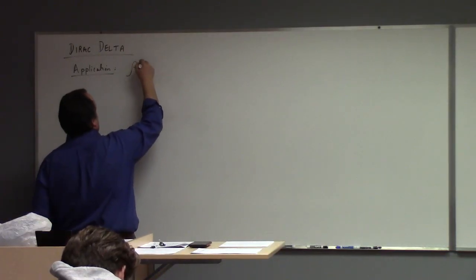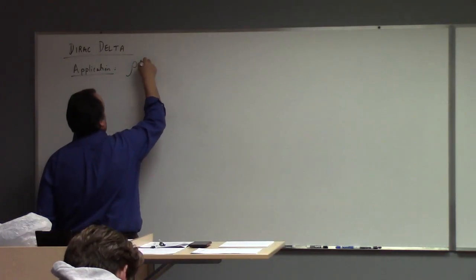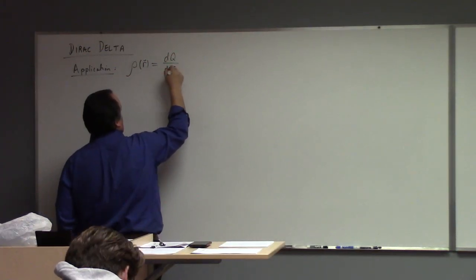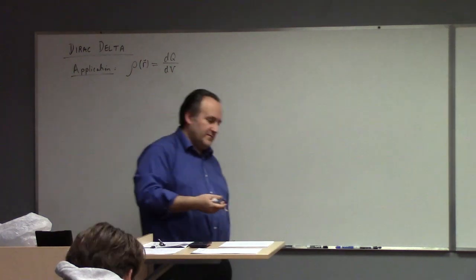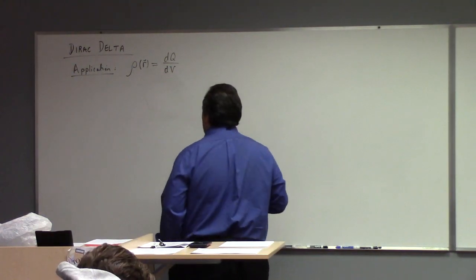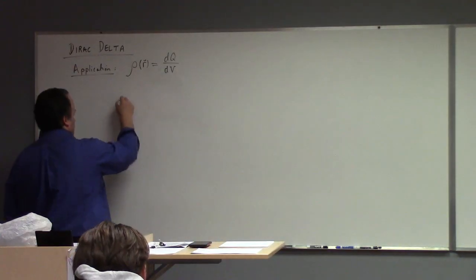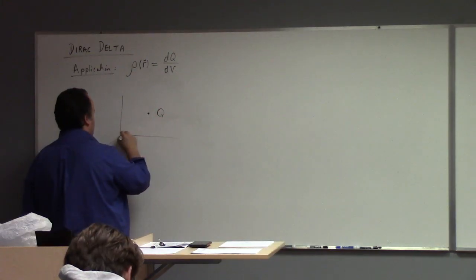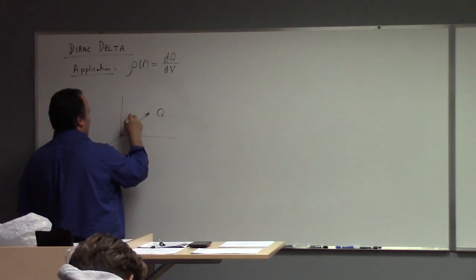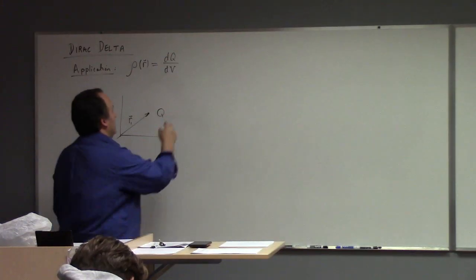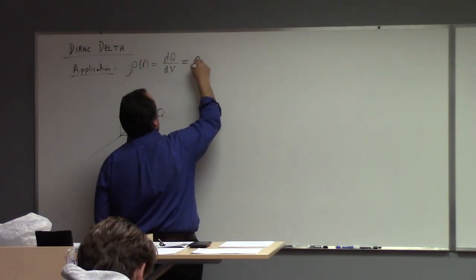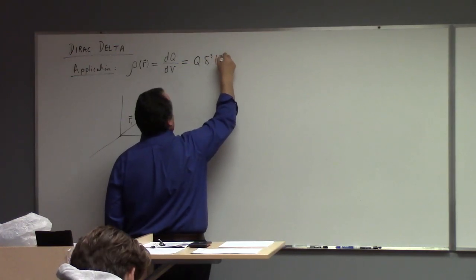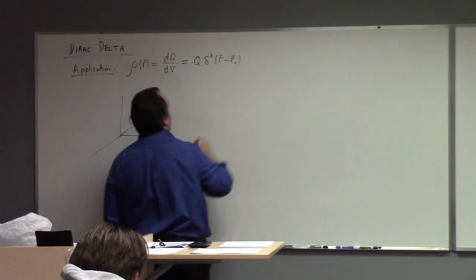If we have rho of r equal to the charge density, like dq dV, the charge per volume, and you want the formula for, suppose you've got your charge q at position vector, say r1, then you just do q times the three-dimensional Dirac delta of r minus r1, right?